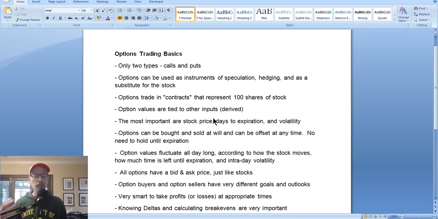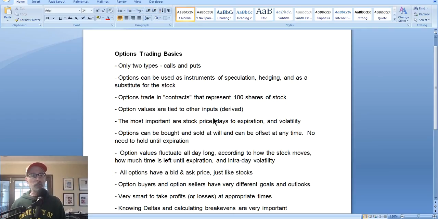Okay, so if you're going to buy or sell an option, those option prices just don't come out of thin air. They're created through option pricing models and formulas that take all the current information about what's going on for that stock and pump out an option's price. So options will have a bid and ask price just like a stock does, and options can be bought and sold at will at all times.